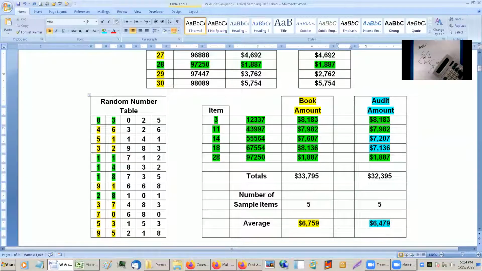By the way, just think about this in general. Which number is more convincing? The book value that the client came up with, or the audit value? As an auditor, which one of those is the most convincing? The work that was handed to you, or the work that you did? The work you did.